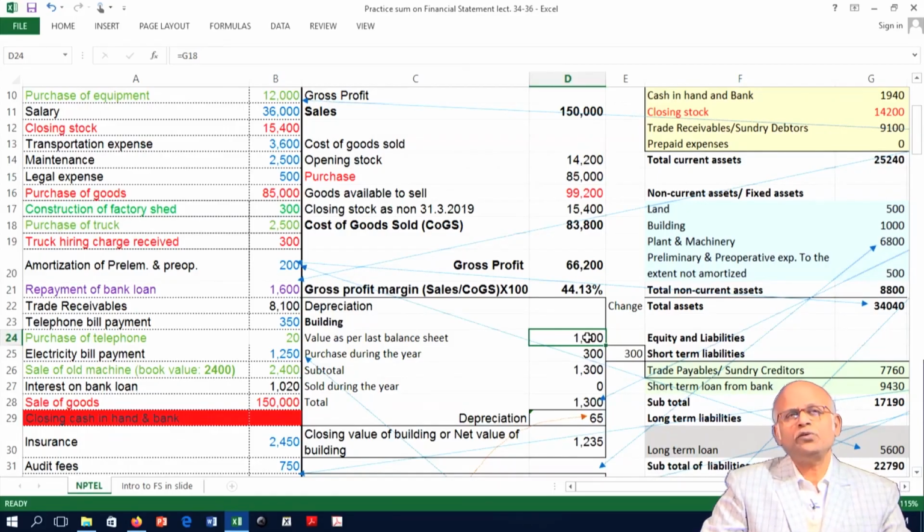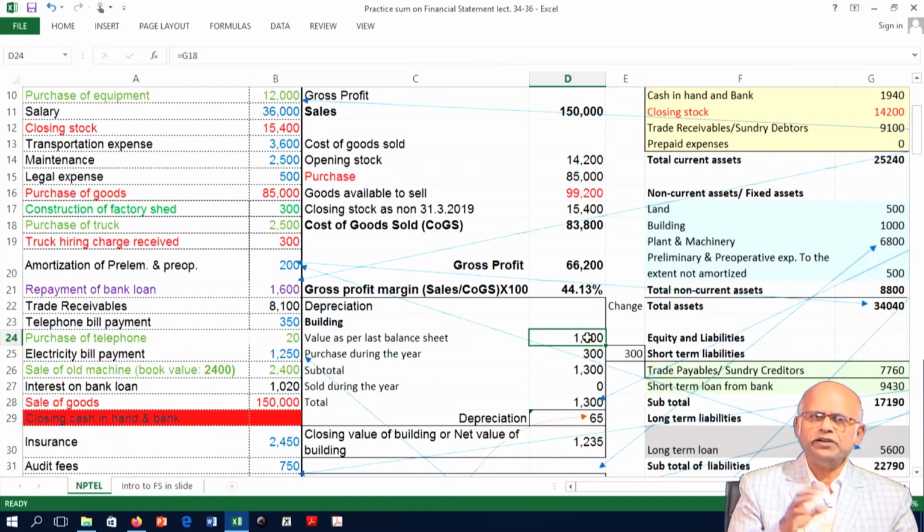As per the new rule, if you procure or construct a new asset in the first half of the year, you depreciate completely. If you procure in the second half of the year, you depreciate only at the rate of 50% of the asset. Suppose you procure an asset for 100 rupees in the first half of the year and you depreciate at 5%, then 5 rupees will be the depreciation, that is 5% of 100 rupees.